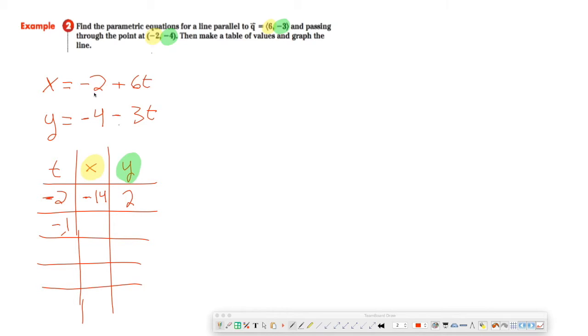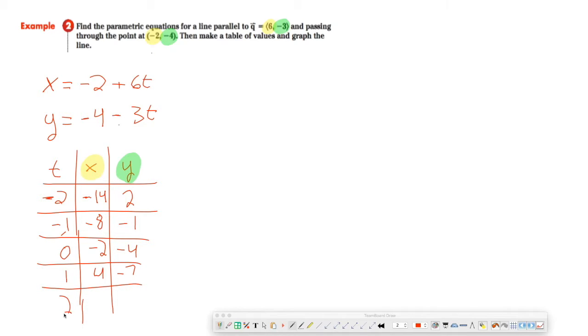t = -1: -2 plus 6 times -1, -8. -4 minus 3 times -1 is +3. Is that -1? Yes. Double check me. Okay, 0. Just put in -2, -4. We're good. 1. -2 plus 6 times 1, +4. -4 minus 3 more, -7.